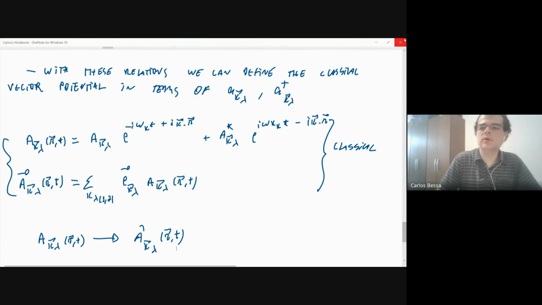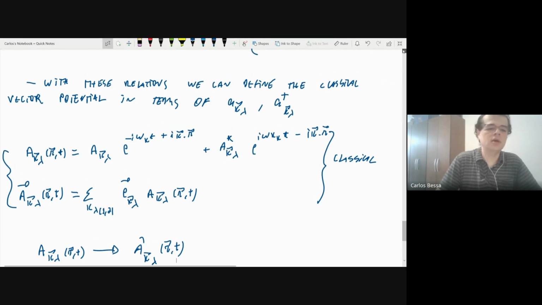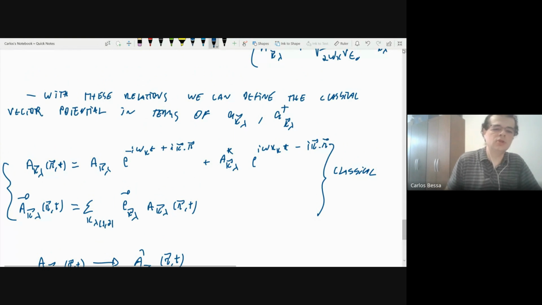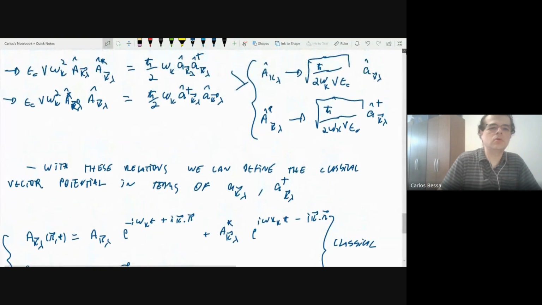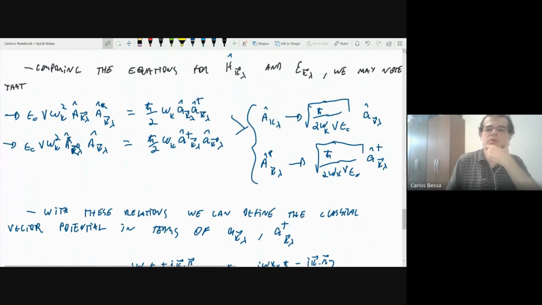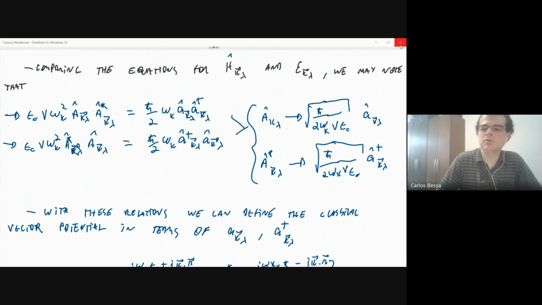So we associate these amplitudes here with the Hamiltonian of the system, and we found it given in terms of the annihilation and creation operators.